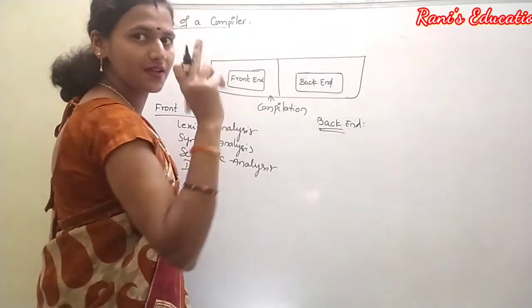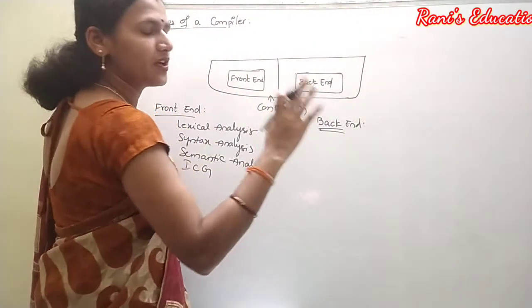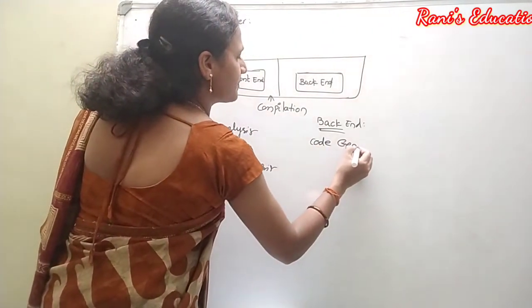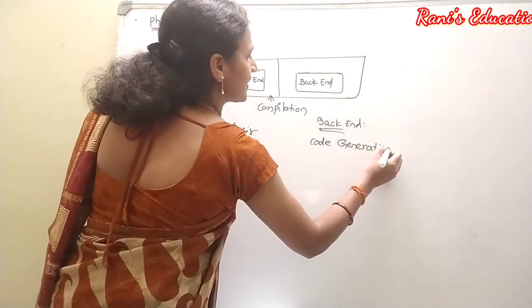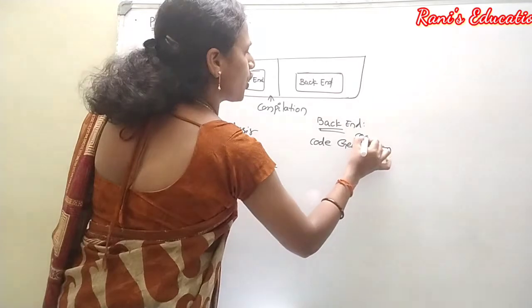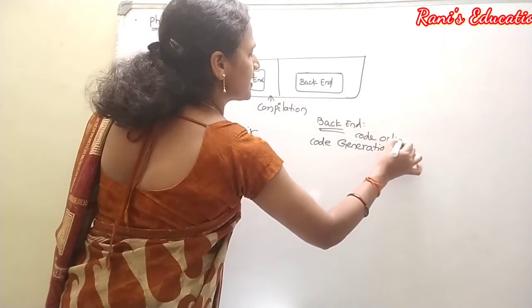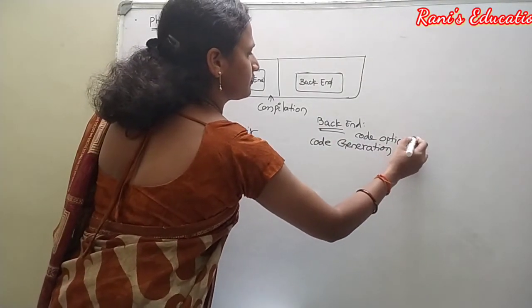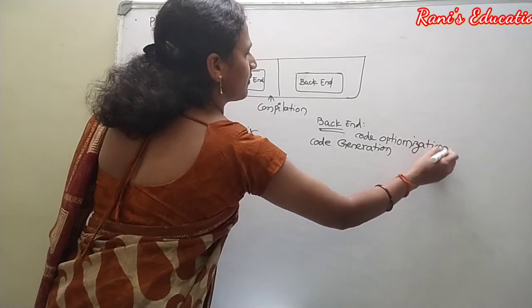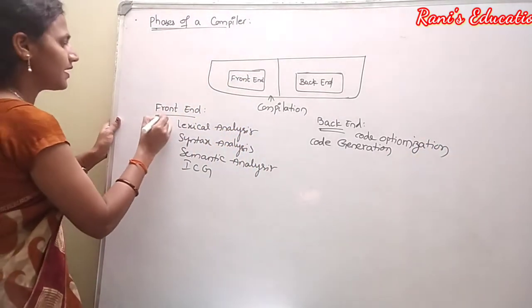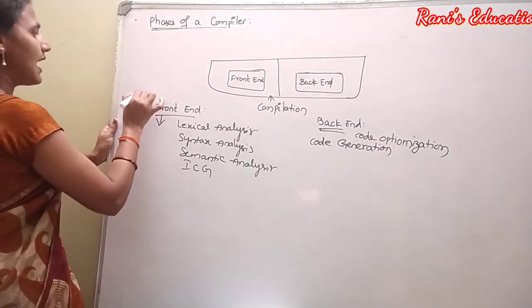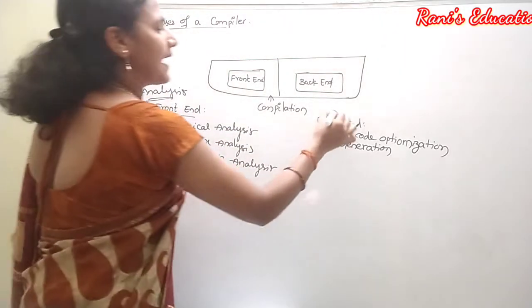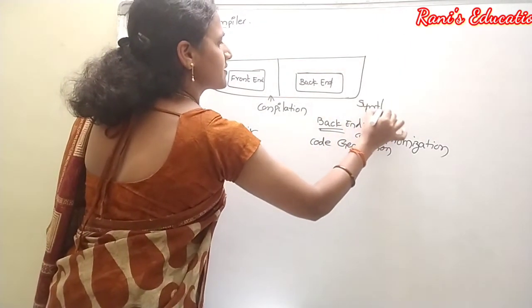Here the code optimizer is an optional one, so we are going to define it in one phase, and we are going to consider only the code generation phase as coming under this backend. If it is possible, we write the code optimizer as well, but which is an optional one, that's why we are going to ignore it. So the front end of the compiler is also considered the analysis part. Backend is nothing but the synthesis part.